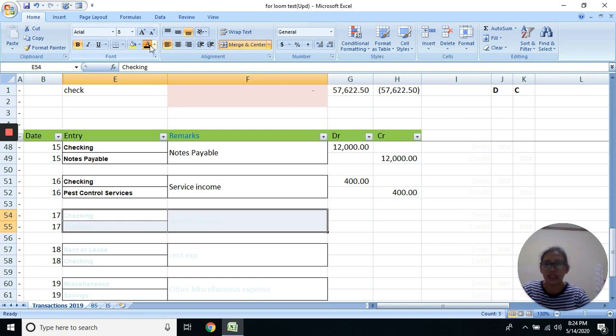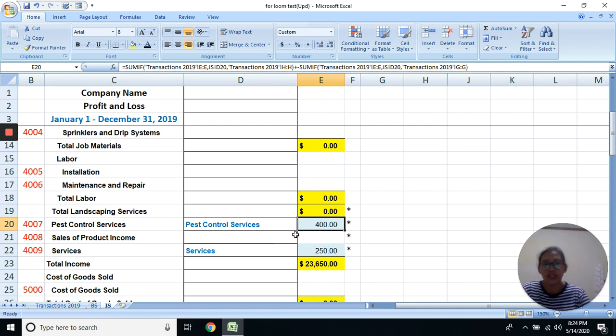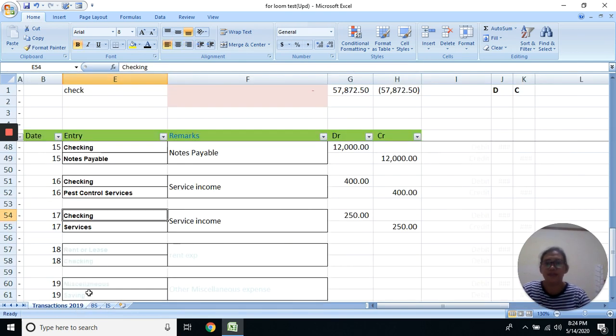Another transaction, we have another service income deposited to our checking account in the amount of 250. So the checking account increases by 250, and the service income increases by 250.